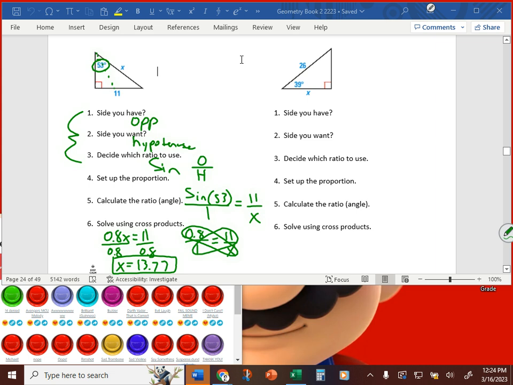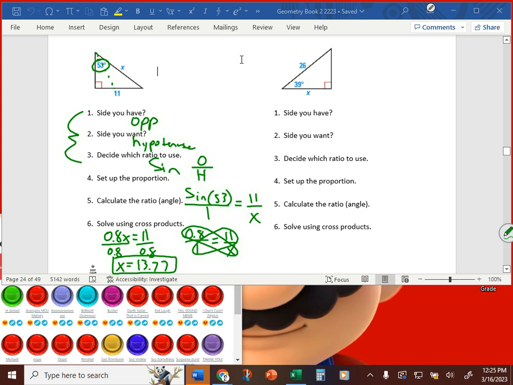Okay. Beckman. How do you know if you put 11 over x or x over 11? What is the sine ratio? Opposite over hypotenuse. Always. What is the opposite side? The opposite side is 11. What is the hypotenuse?